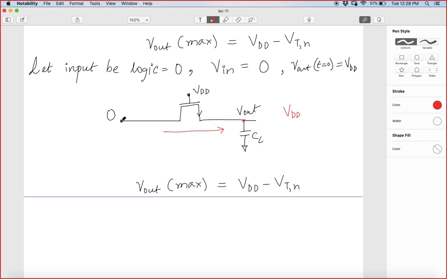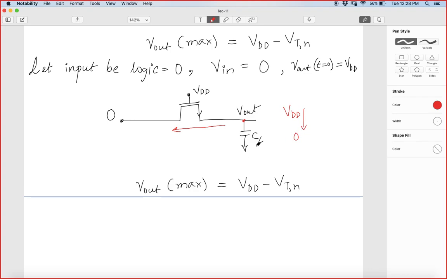Now definitely, because of this zero potential, a current will be flowing in the reverse direction, from this high potential to the lower potential, and this is on. Eventually it will discharge from VDD and go till 0.